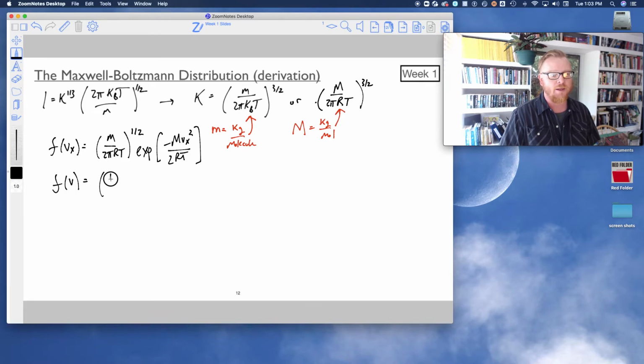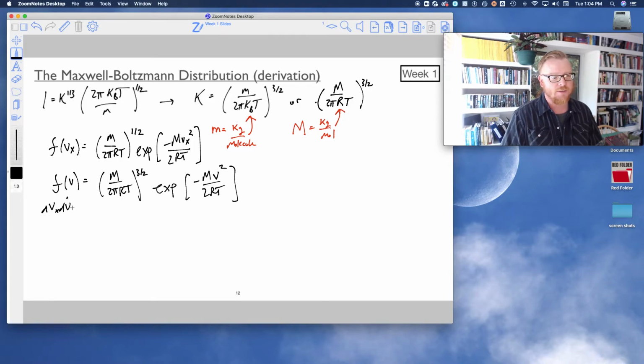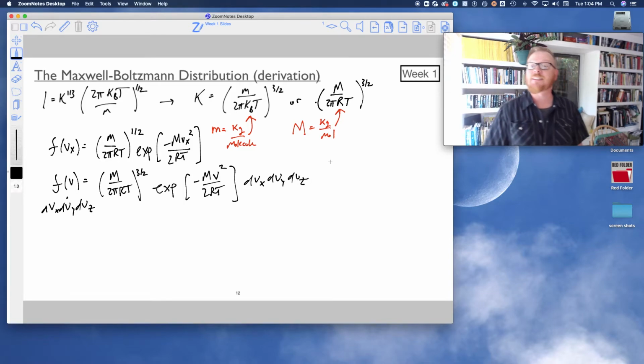So now that's going to be capital M divided by 2 pi RT to the 3/2 power, all times the exponential of negative capital M V squared, for Vx, Vy, Vz, over 2RT. And of course, if I multiply this by my volume element, dVx, dVy, dVz, then I do the same on this side, dVx, dVy, dVz.